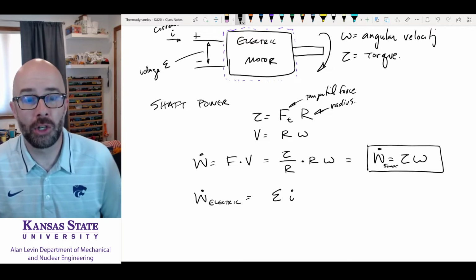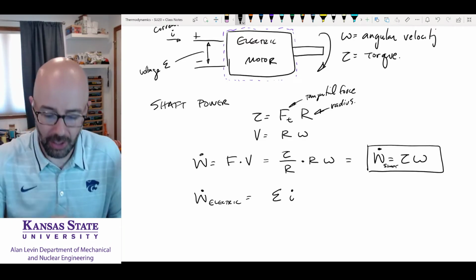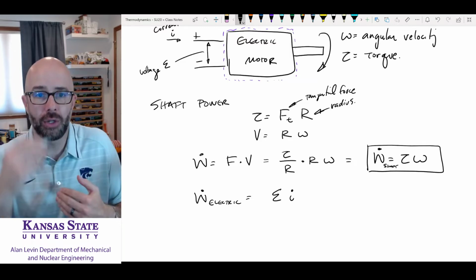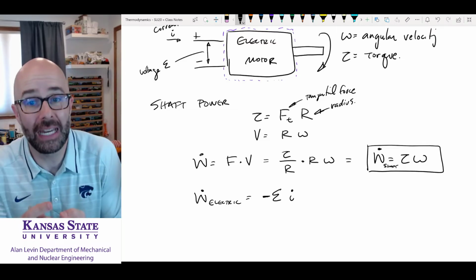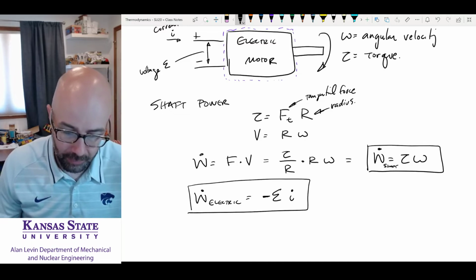Now here's the thing. Shaft power is from the system to the surroundings, so this is going to be positive. Electric power is going to be from the surroundings to the system, so thermodynamically we're going to have to put a negative sign on there. We have to put that negative sign on there because it is not given to us in the calculation.